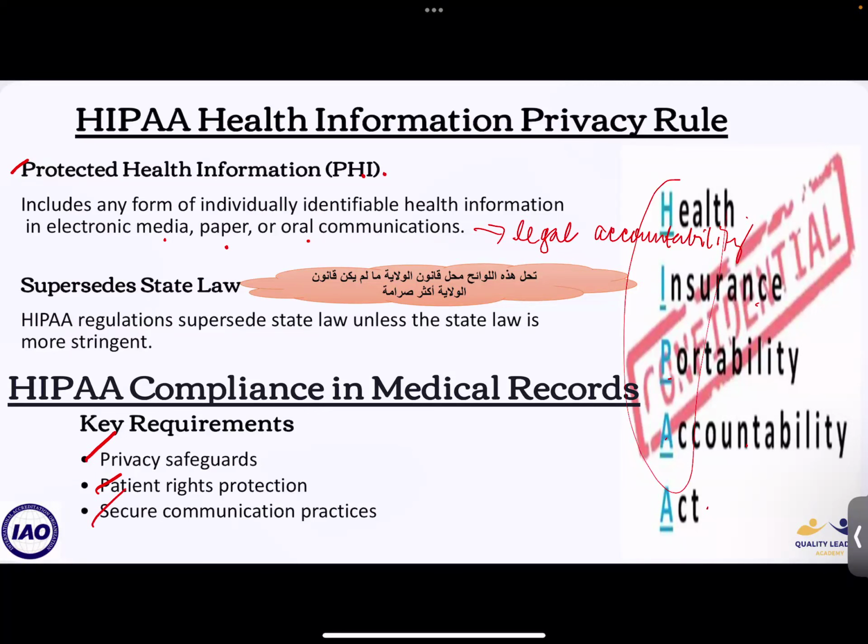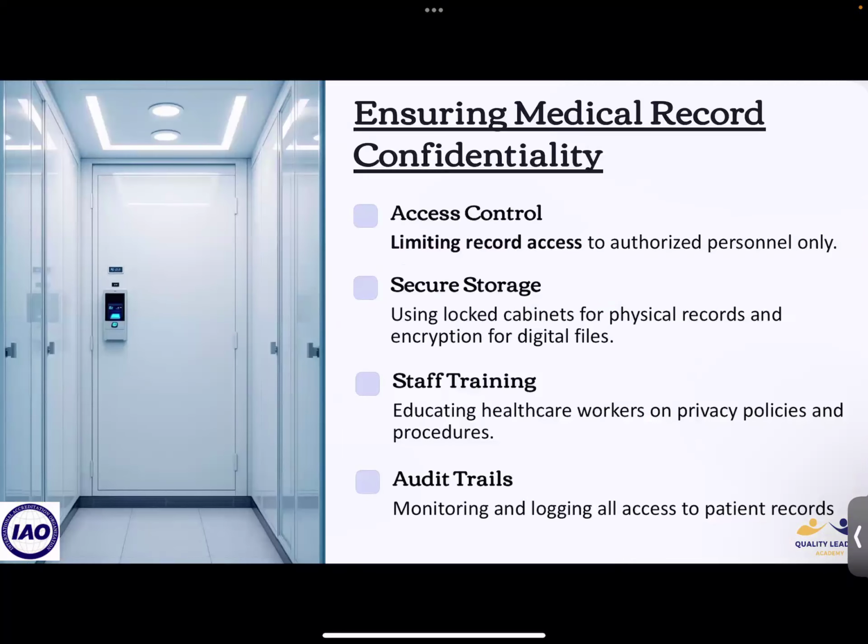There should be access control to limit record access to authorized personnel only. There should also be proper storage, such as a locked cabinet system for physical records, and secure handling of digital files.